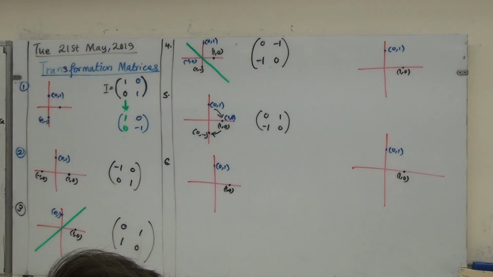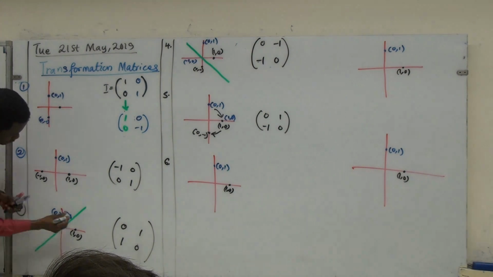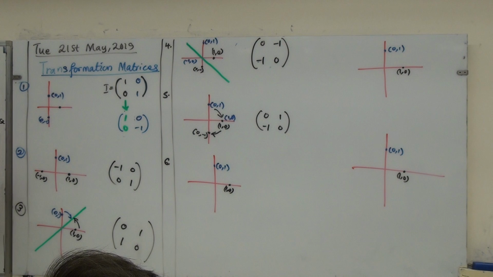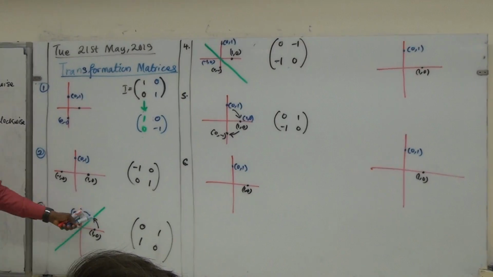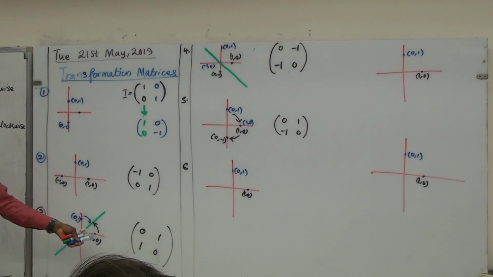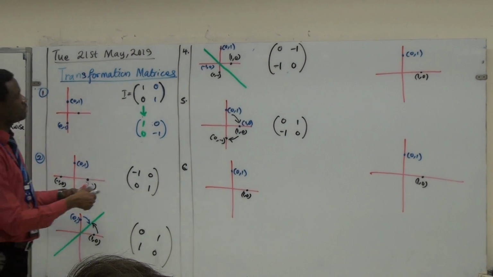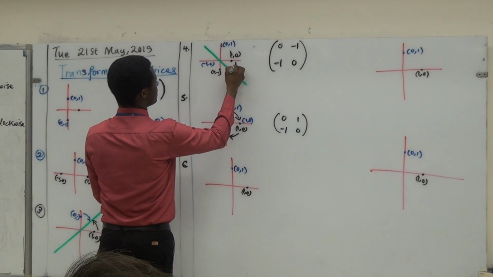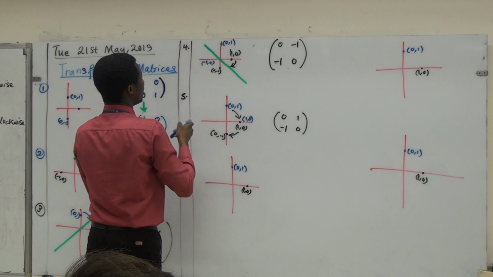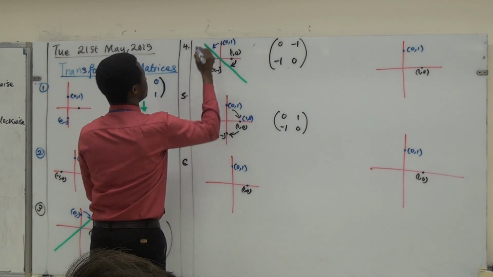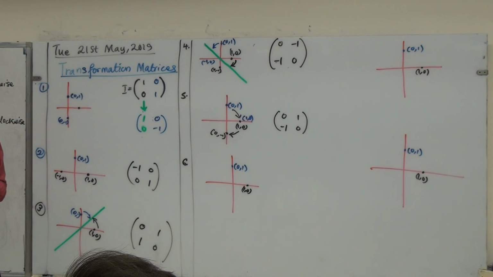So you know where the black moves to and where the blue moves to. This doesn't change. So this goes over there, and this comes here. So you can understand how we got that. I use the arrow to show their movements after the reflection. So similarly here, this comes here, and this comes here. So that makes it easier for us.